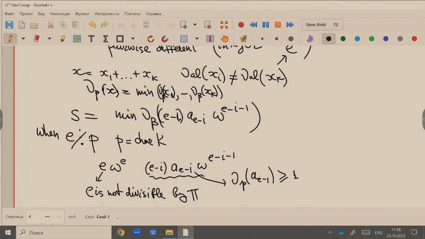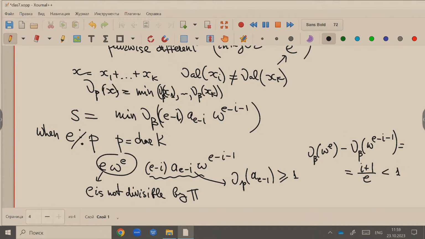So nu of omega e minus nu of beta of omega e minus i minus 1 is equal to i plus 1 divided by e. It is smaller than 1. So you see that this element has minimal valuation.